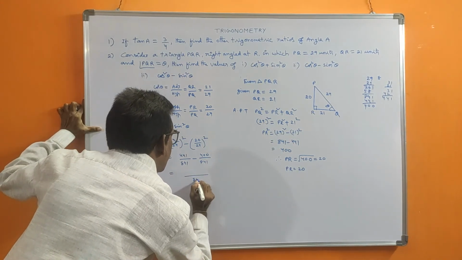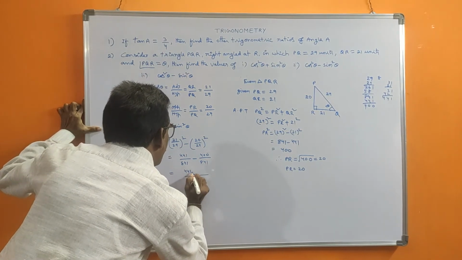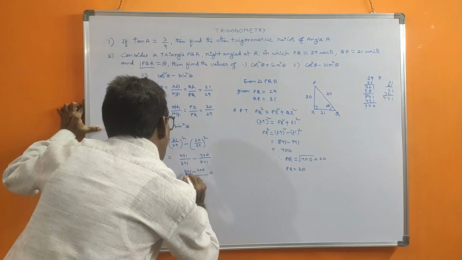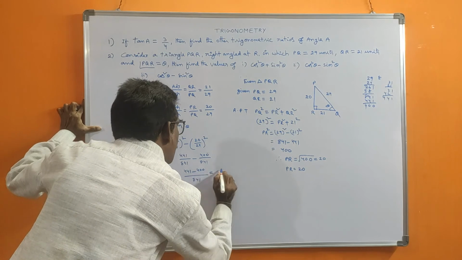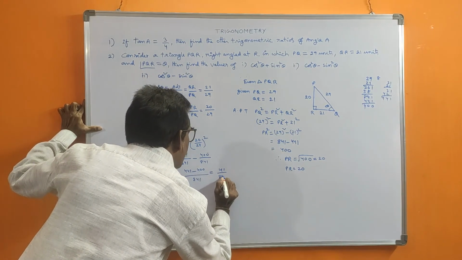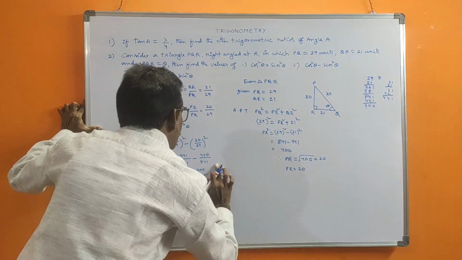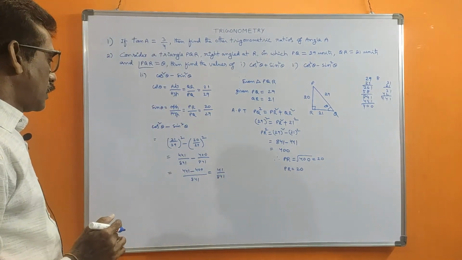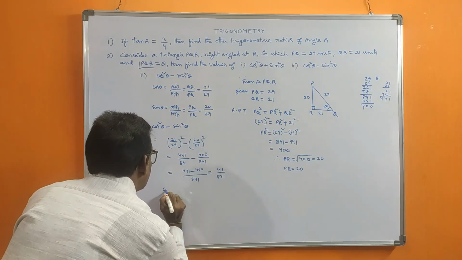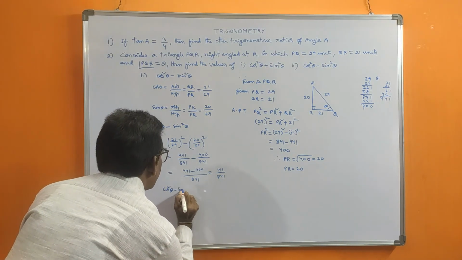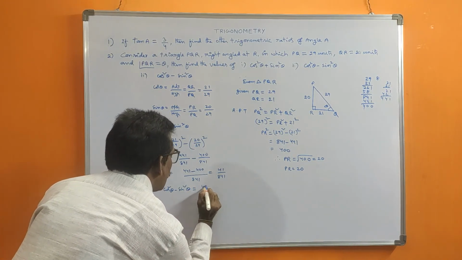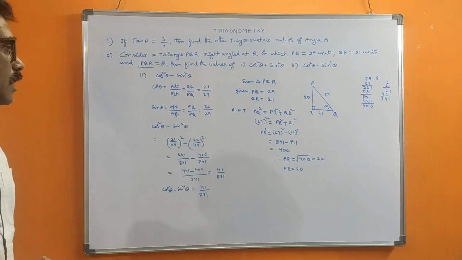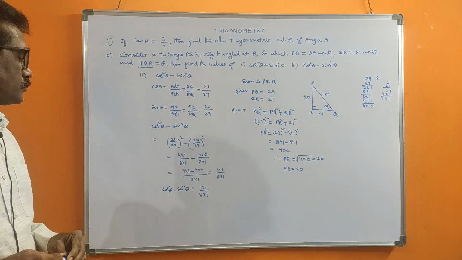The LCM is the same, 841. So 441 minus 400 is 41 by 841. Squares only were asked. So the value of cos square theta minus sin square theta is 41 by 841. This is the answer.